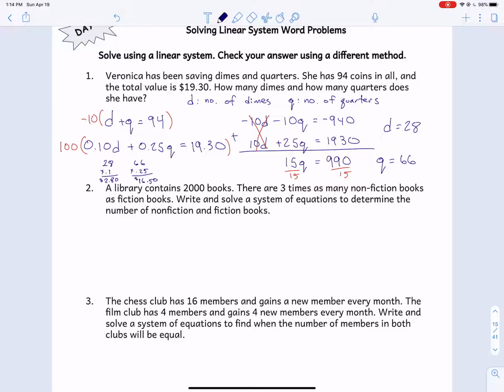So if I add 1650 and 280, I get 1930. So it works, we're good. So there are our two answers. Again, a sentence would be better. So she has 28 dimes and 66 quarters. That's our answer right there.